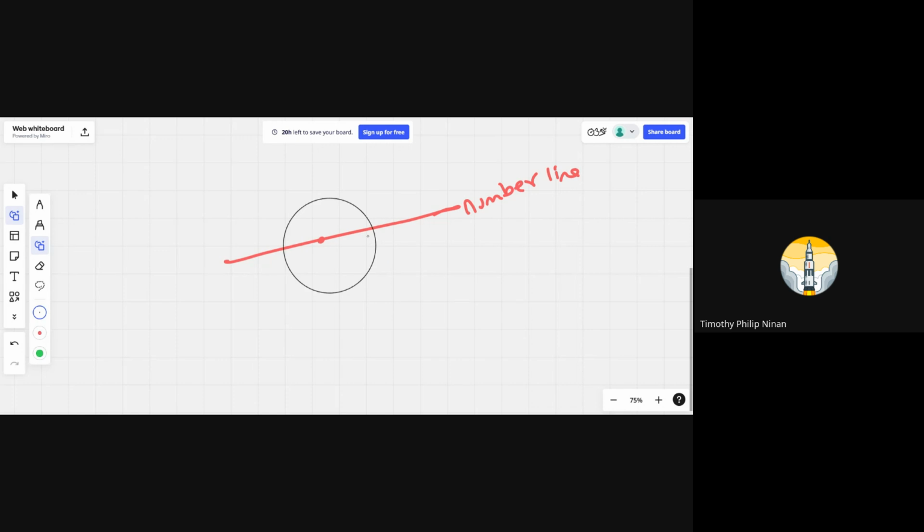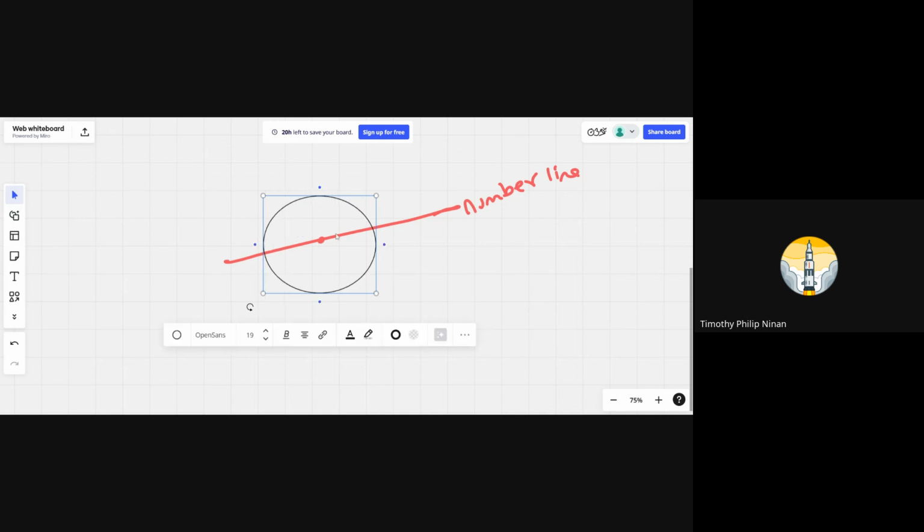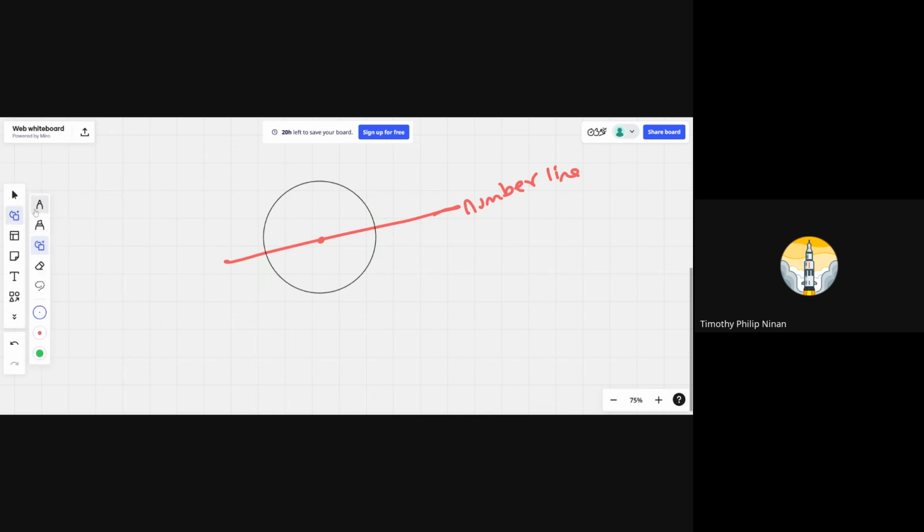Okay, somewhat better. Now imagine this is the number line, and this is a radius 1. So this is at 0 comma 0. This will be 1. This will continue all the way to positive infinity. This will continue all the way to negative infinity.